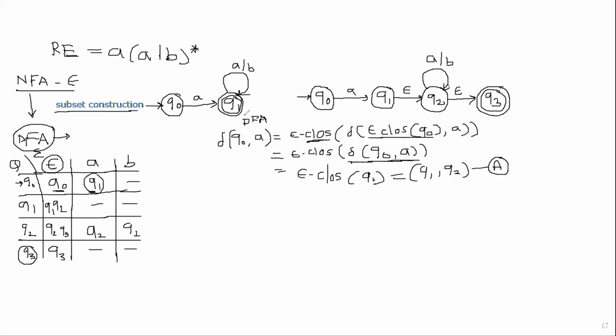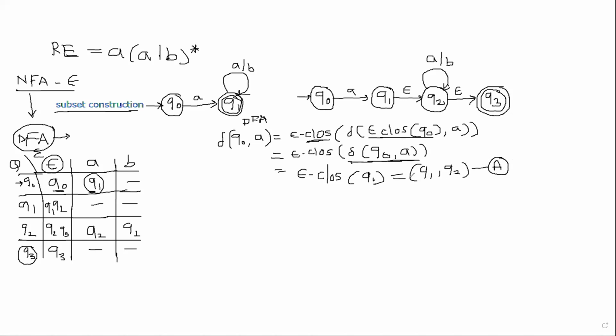Capital A indicates the DFA state. Now this process you have to repeat, finding out the transition with new states. You have to repeat this step till new states are getting generated.